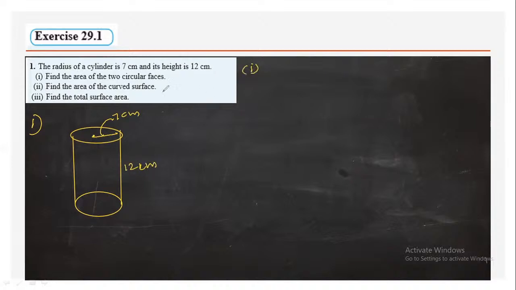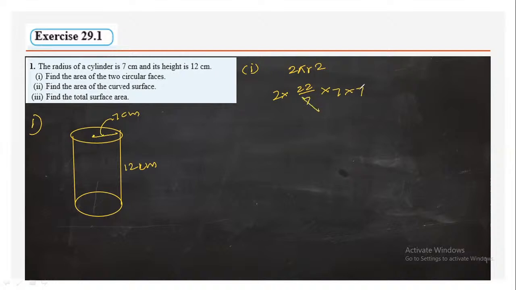First part, pi r squared. There are two circular faces. Then 2 pi r squared, 2 into 22/7 into radius is 7 into 7. Right?